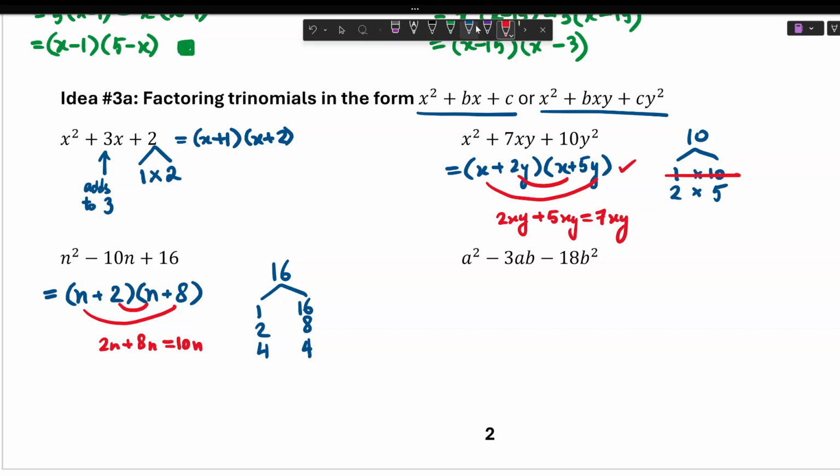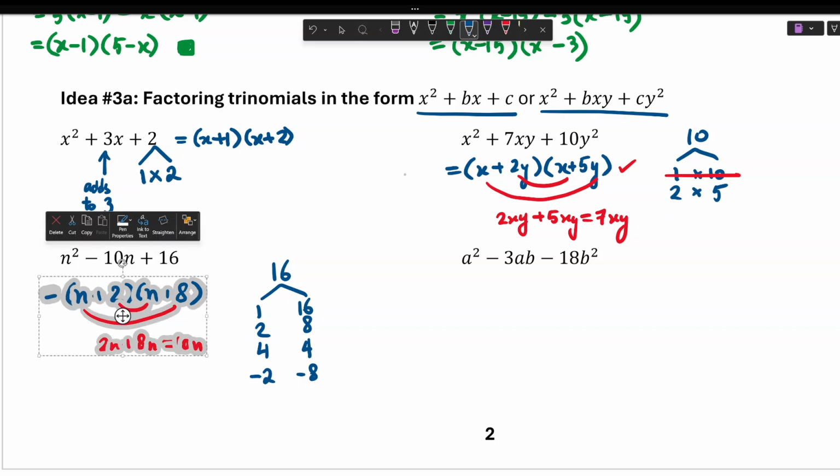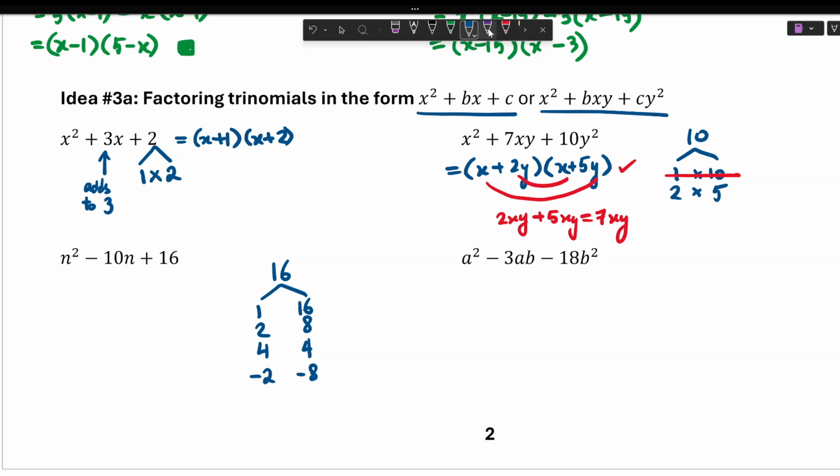So we're going to remember that if you multiply two negative numbers, that also gives you a positive number. So let's try negative 2 and negative 8 instead. Both are negative. So you can check now: negative 2n, negative 8n, put those together, you get negative 10n, so this is the correct factoring.